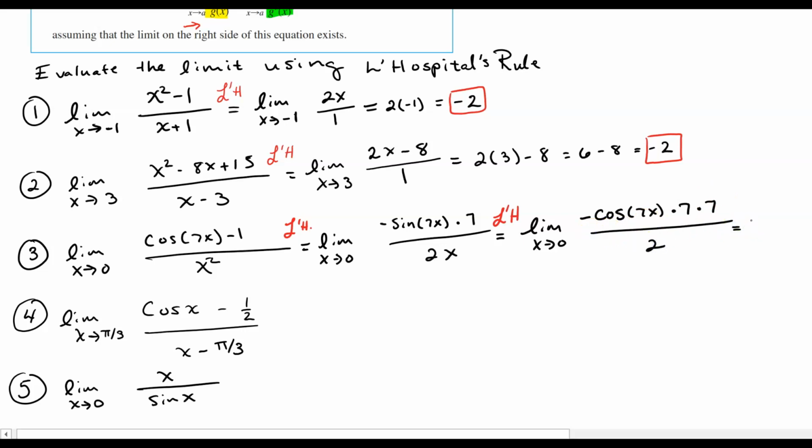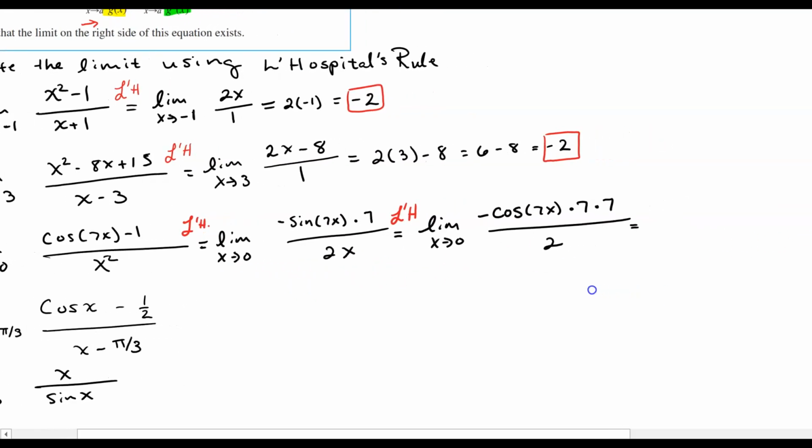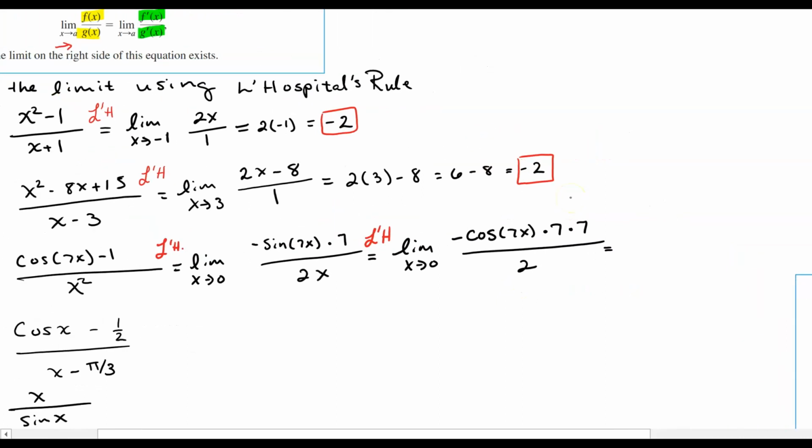So we end up with the limit as x approaches 0 of -49 cosine of 7x divided by 2. Now when we plug in 0, we get the cosine of 0, which is 1. So our final answer here is going to be negative 49 over 2. That is what the limit evaluates to.